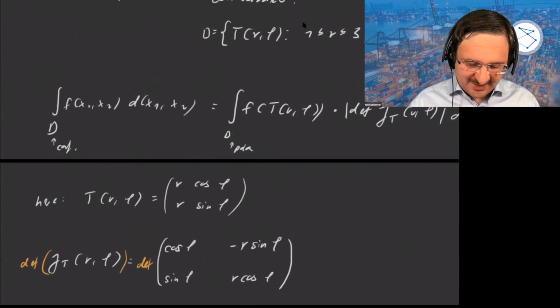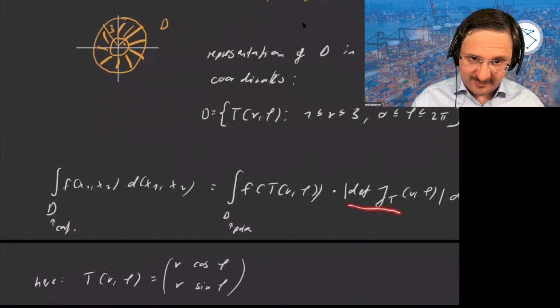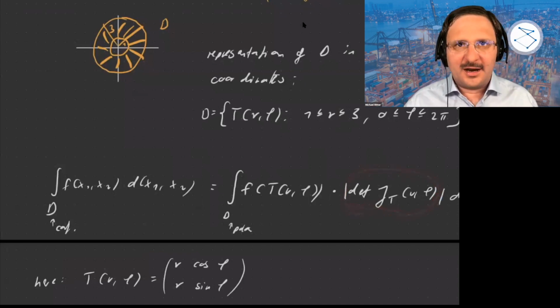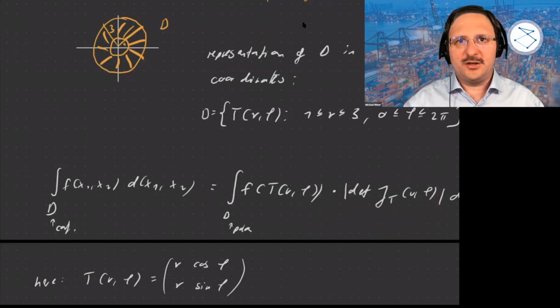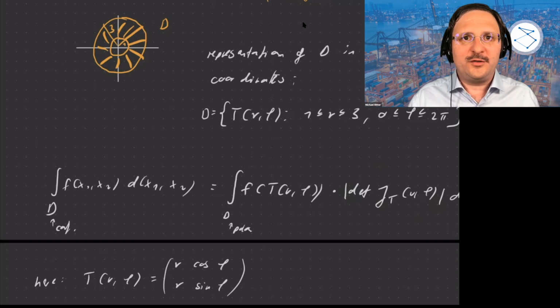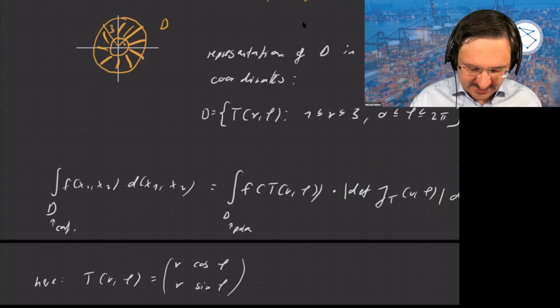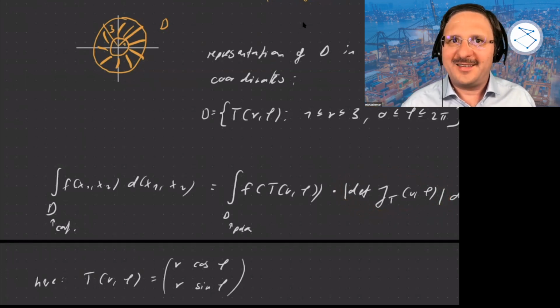So basically the idea is that the determinant captures the change in volume incurred by this transformation of the coordinate system. And you need to account for that change in volume if you want to compute the integral. So that's basically what this term here does. Yeah, again, there's a video about that. It's called Change of Variables. Watch that one.